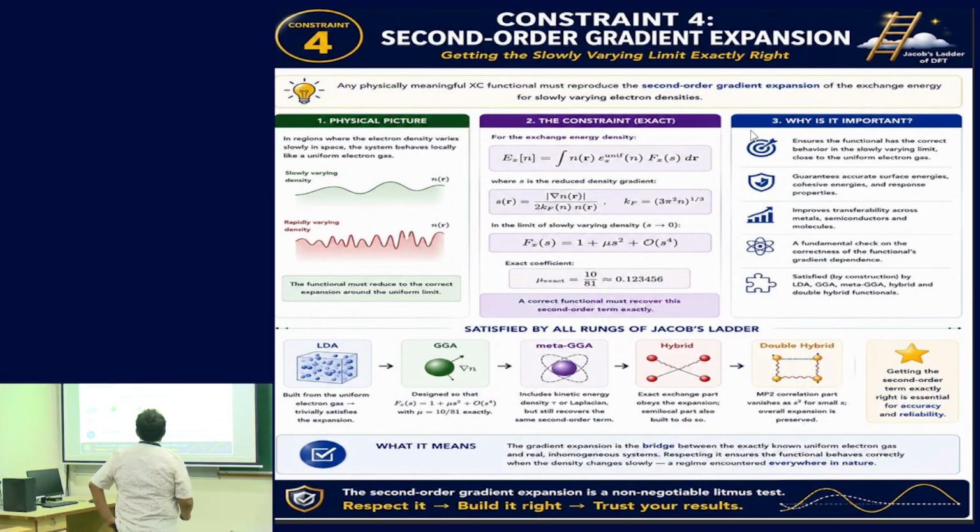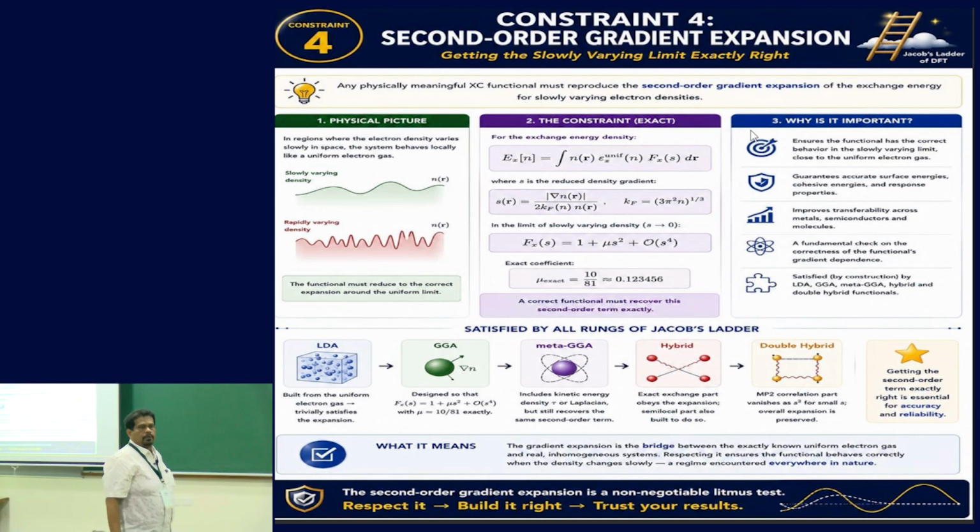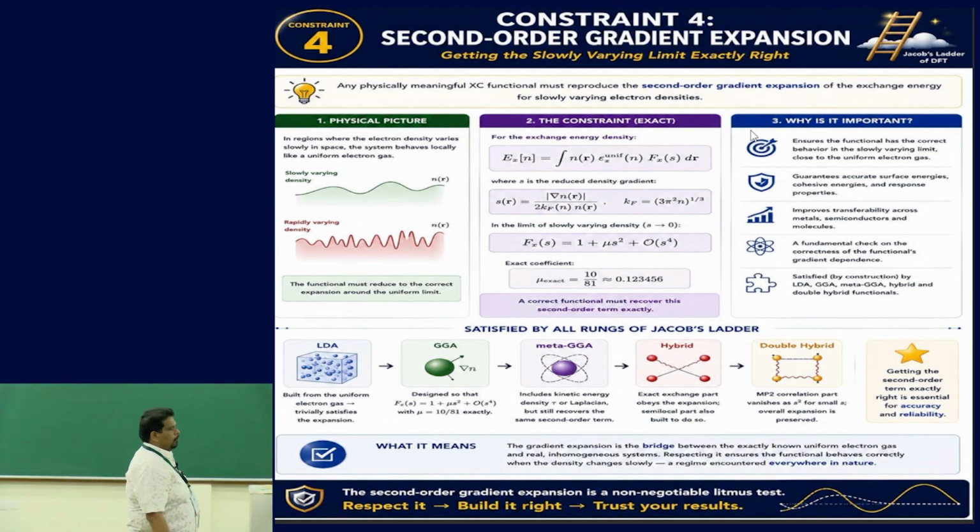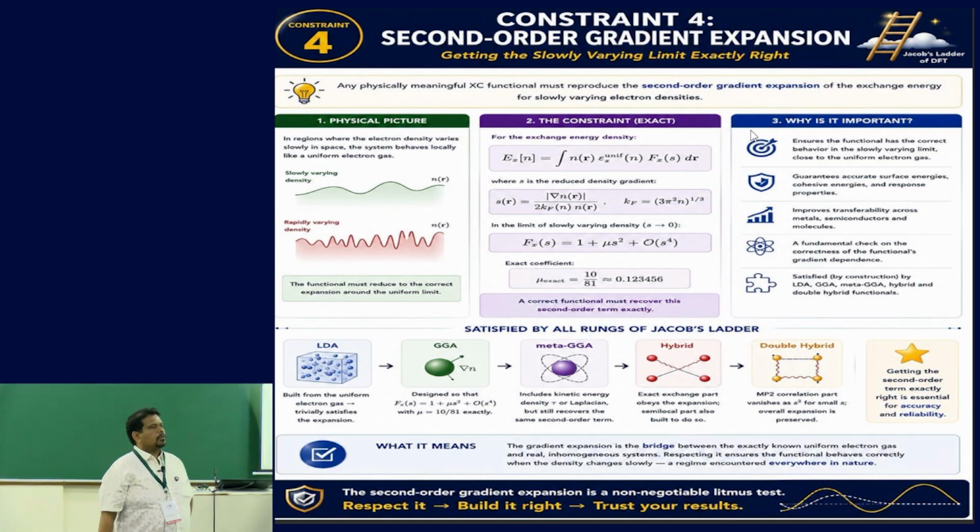This one is the second order gradient expansion. Yesterday I showed you that you develop the exchange correlation functional with an enhancement factor F, of that kind of form, with some factors.